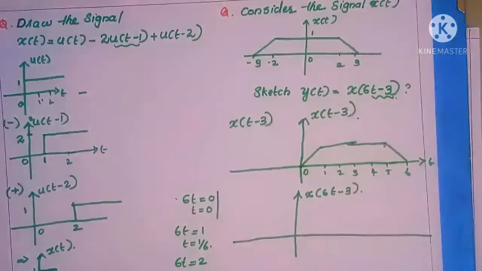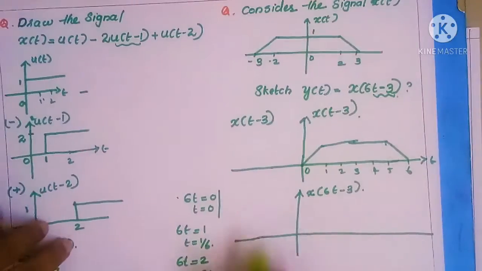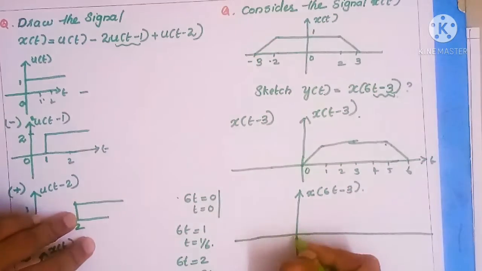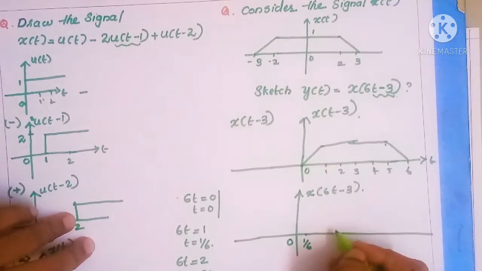So in the output signal the time value is divided by this 6. So here we can write 0, 1 by 6, 2 by 6. 2 by 6 means 1 by 3.